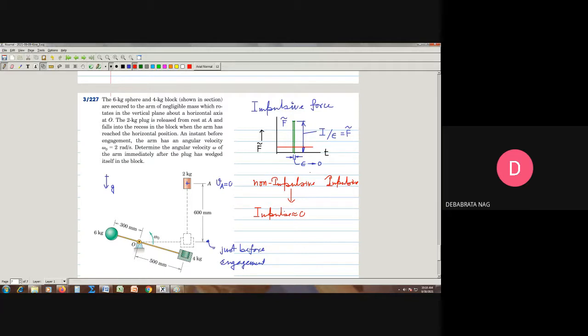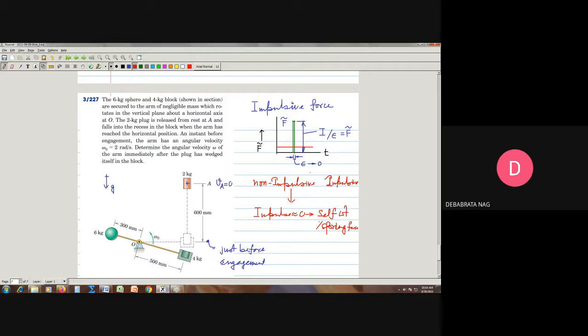What are the examples of non-impulsive forces? Obviously, the self weight of any system, correct? Spring force, springs are not able to take any impulsive forces. So spring forces all come under the category of non-impulsive forces.